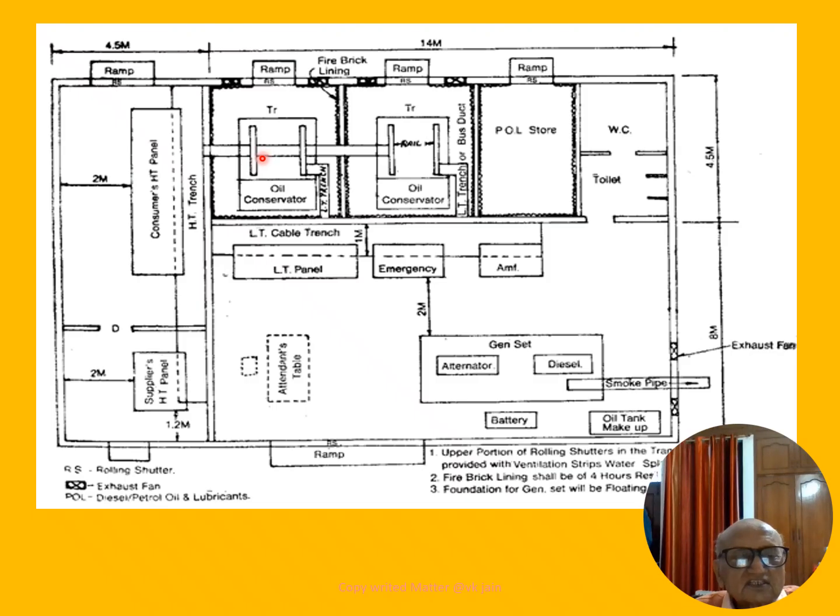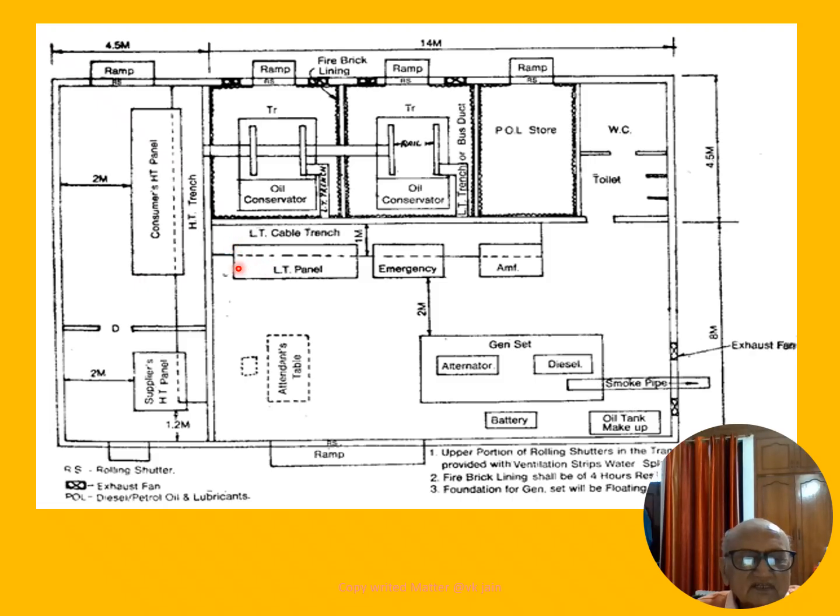So these are the transformers, and the transformer primary side is brought like this, and the secondary side is taken and joined with the LT panel. This LT panel is having supply through the AMF panel, it is here, and this AMF panel is getting supply either from the diesel generating set or from the transformer.